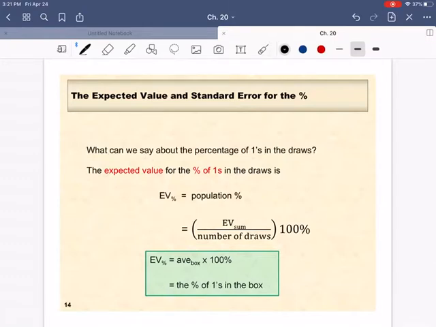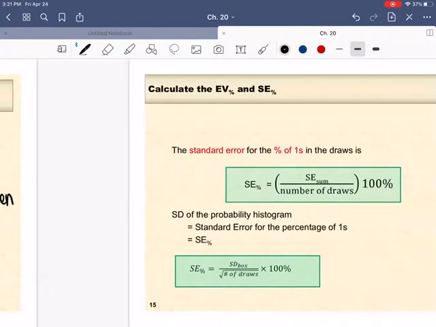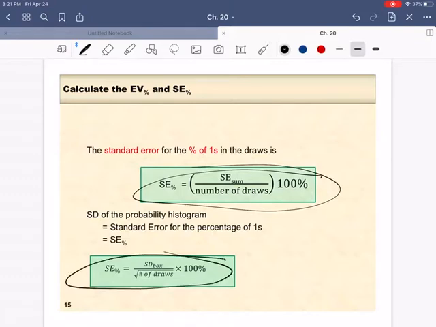Okay, the expected value is, there's this fancy formula for it, but it's really just the population percent or the parameter given. So it's the percent or parameter given. And then SE percent is this formula. And furthermore, we can take it to be this formula.